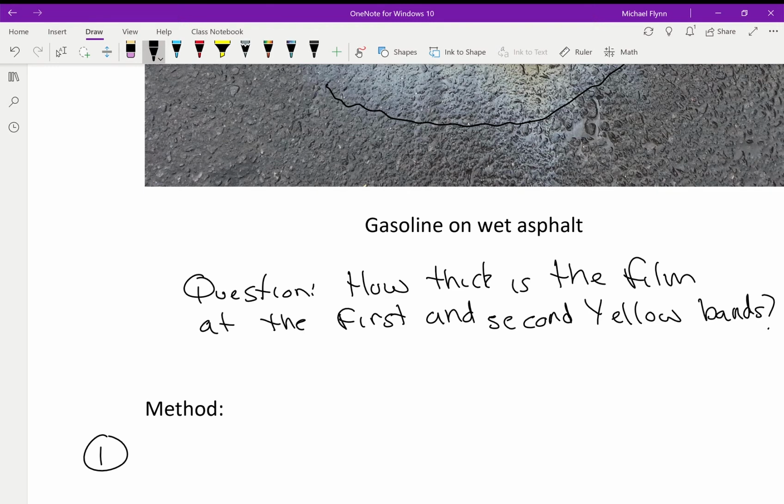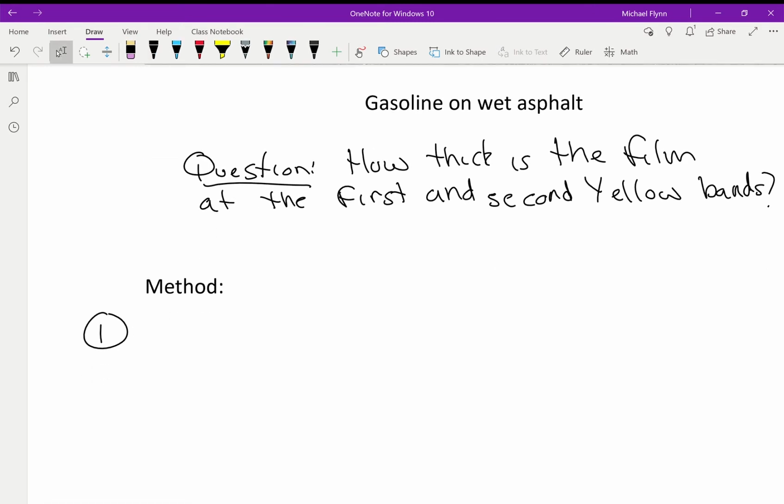Okay, so that's our question. Let's see if we can do it. Now here's our method. Number one, we're going to examine the phase of the reflected waves.